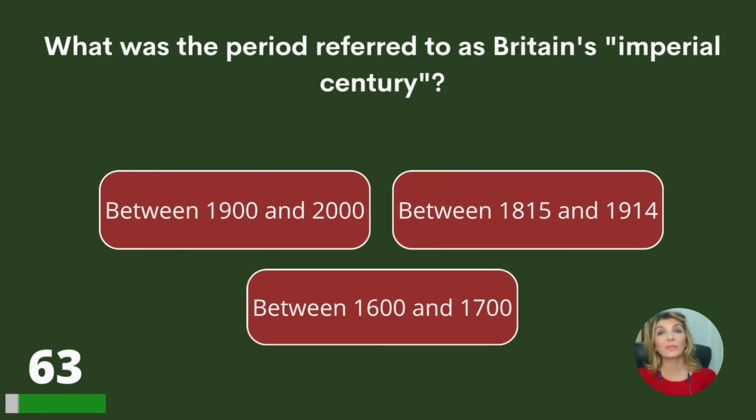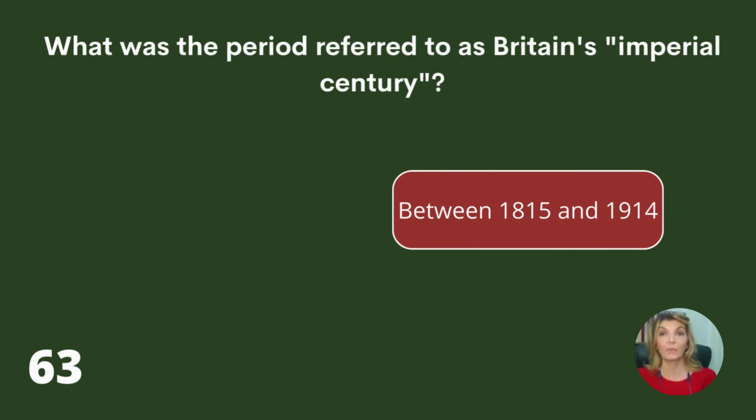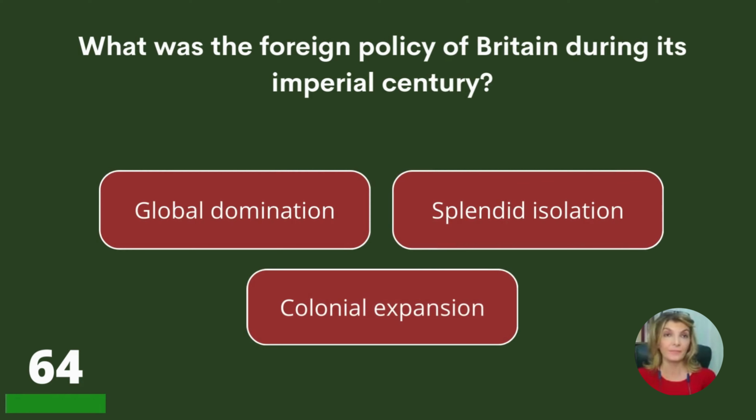What was the period referred to as Britain's Imperial century? Between 1900 and 2000, between 1815 and 1914, or between 1600 and 1700? Between 1815 and 1914. What was the foreign policy of Britain during its imperial century?